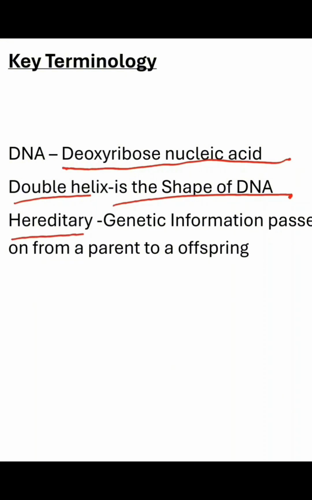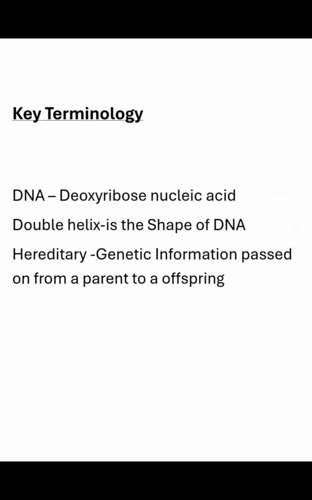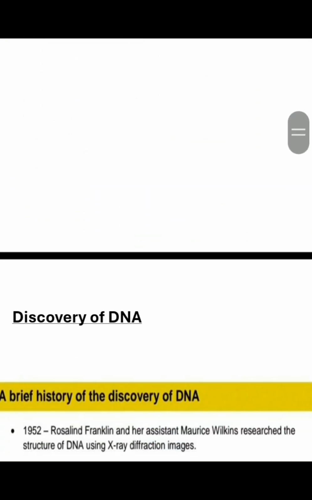Then hereditary means the genetic information passed on from a parent to an offspring. This genetic information might be your height, your eye color, your hair color, and even your skin tone. So hereditary means the information that is passed on from your parent to the offspring, or to yourself, right?